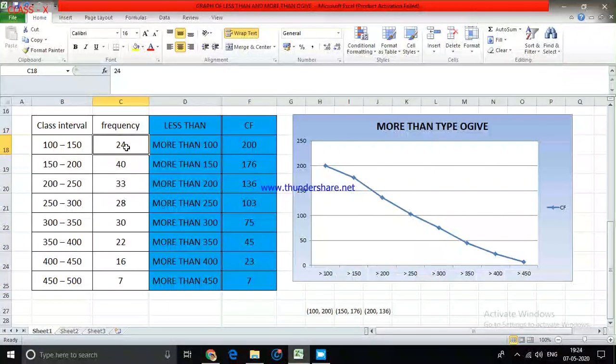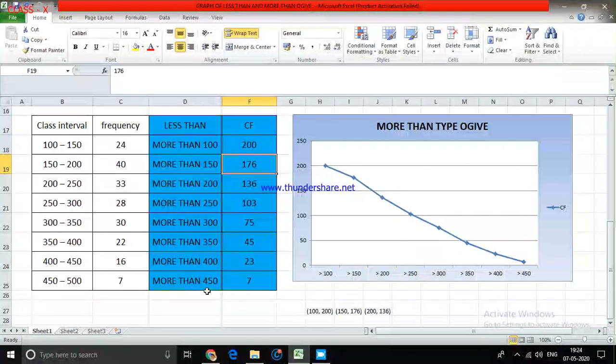So if I say more than 100 here, then I have to take all the numbers starting from 24 to 7. If I take more than 150 here, I have to take only from 40 to 27. So we are excluding 24 people from the total. That's why 176 is coming.